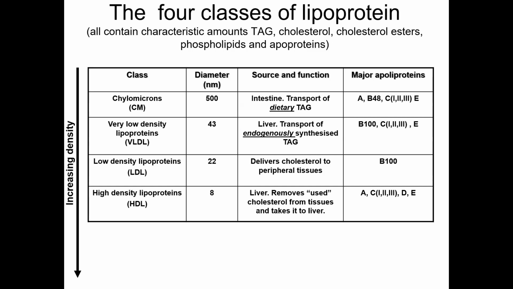So the chylomicrons have the largest diameter, followed by the very low density lipoproteins, and of course HDL, which is high density lipoprotein, has the smallest diameter.